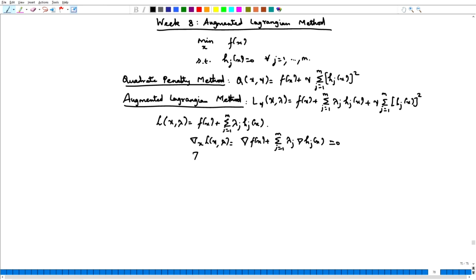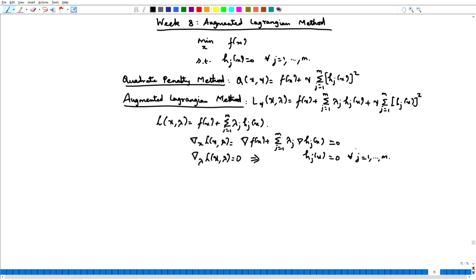I do not know if you have seen it this way, but nevertheless you can do this. So, that is just h j of x, and that is also equal to 0 for all j equal to 1 to m.